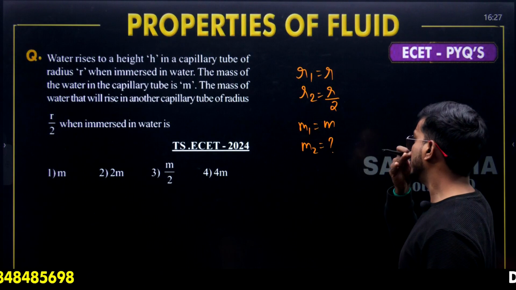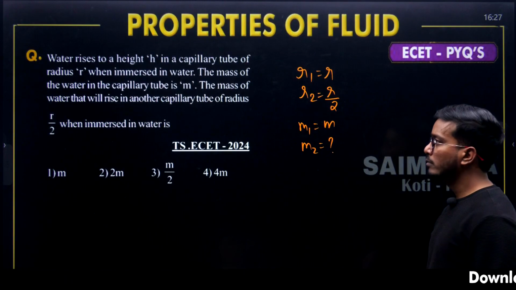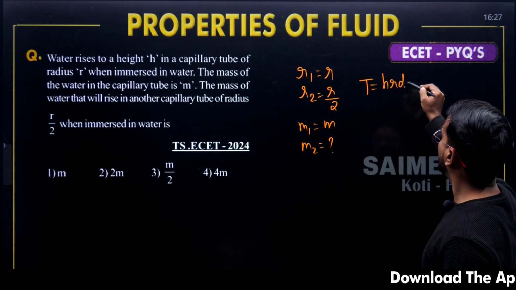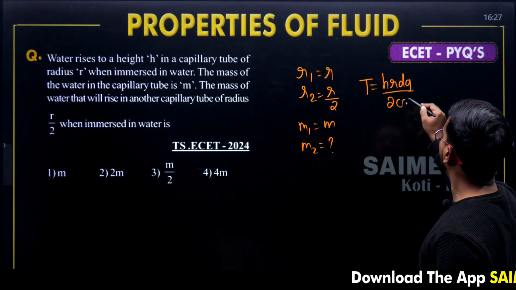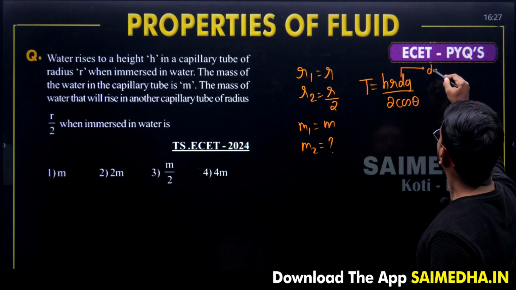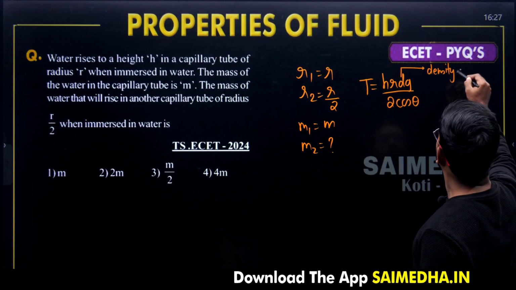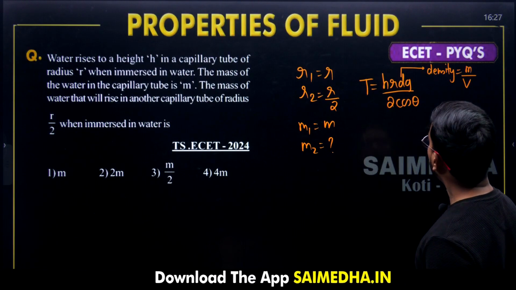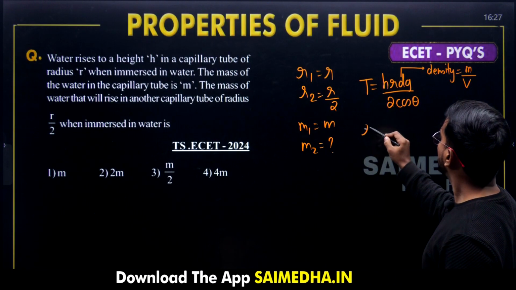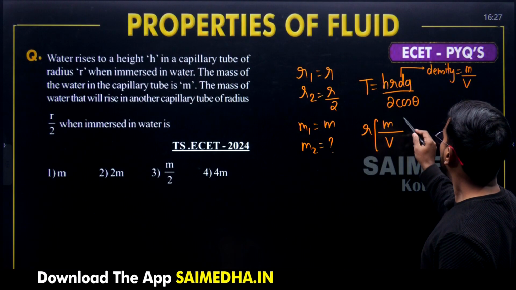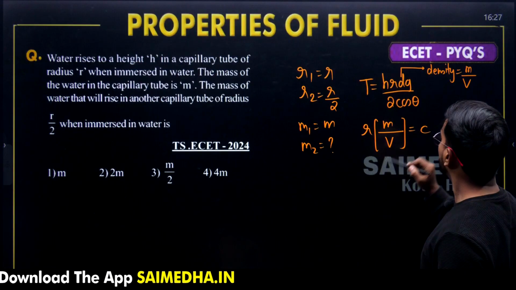So he is asking the relation between radius and mass. We know the formula for the surface tension, T equals h r d g divided by 2 cos theta, where d is water density. Density is equal to mass divided by volume. So I can write r into mass by volume; r into m by v is equal to some constant.